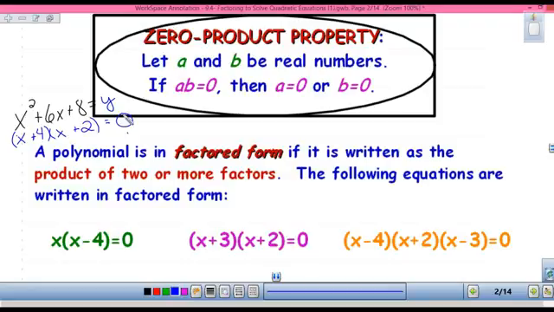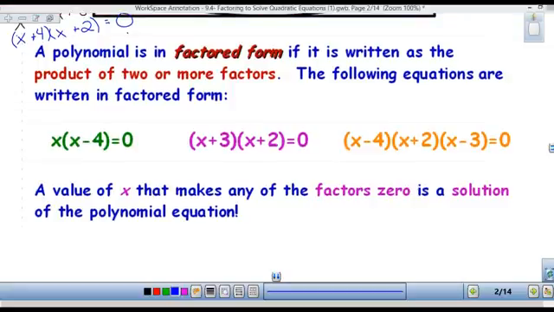So how we solve those, because we just want each one of them to be 0, is we set each one equal to 0. Right here I have two factors, x and x minus 4. I'm going to set each one equal to 0. So I'm going to set x equals 0, and I'm going to set x minus 4 equals 0.